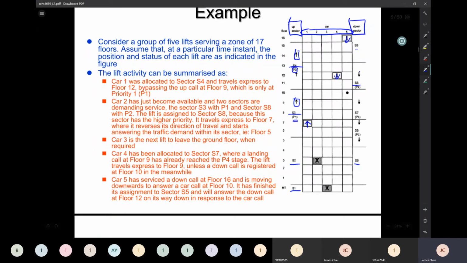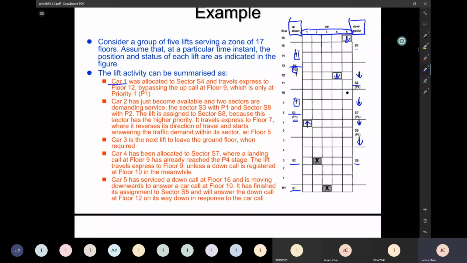You can see we have some down calls here, and the setters for S6, S7, and S8 are P4, P4, and P2 respectively. Okay. And now we can see the lift activity in this place. Now, firstly, car 1 was allocated to setter 4 because it is going upward.